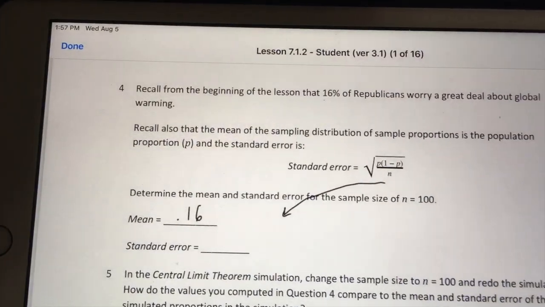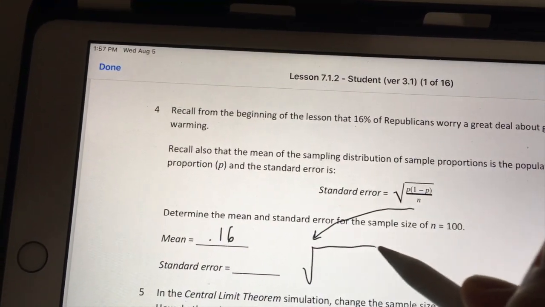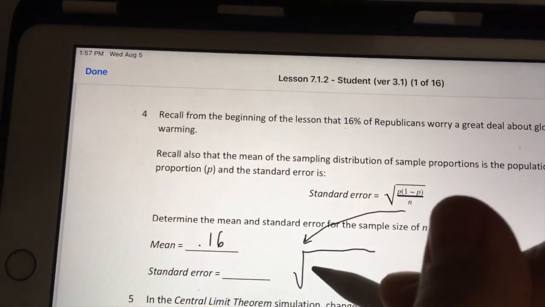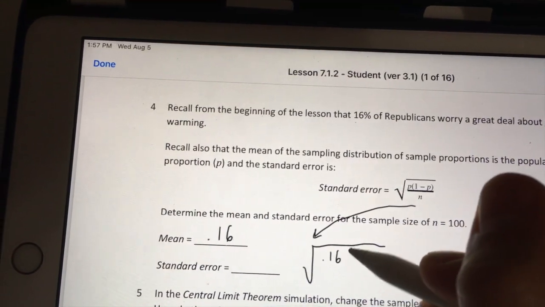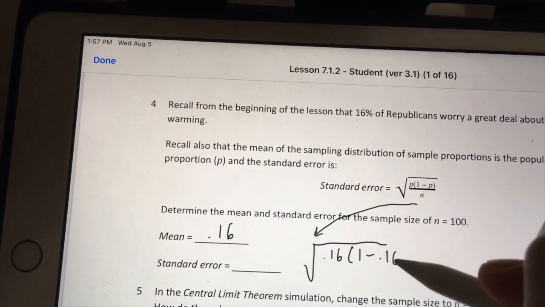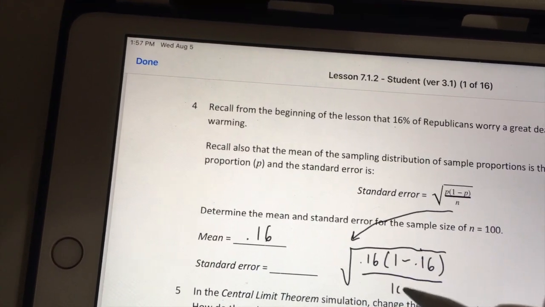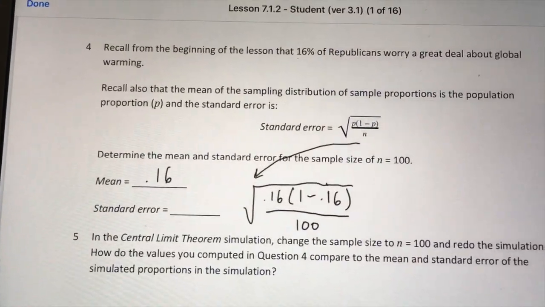We're going to do the square root of P times 1 minus P over N. So that's going to be 0.16 times 1 minus 0.16, divided by the sample size, which is 100.